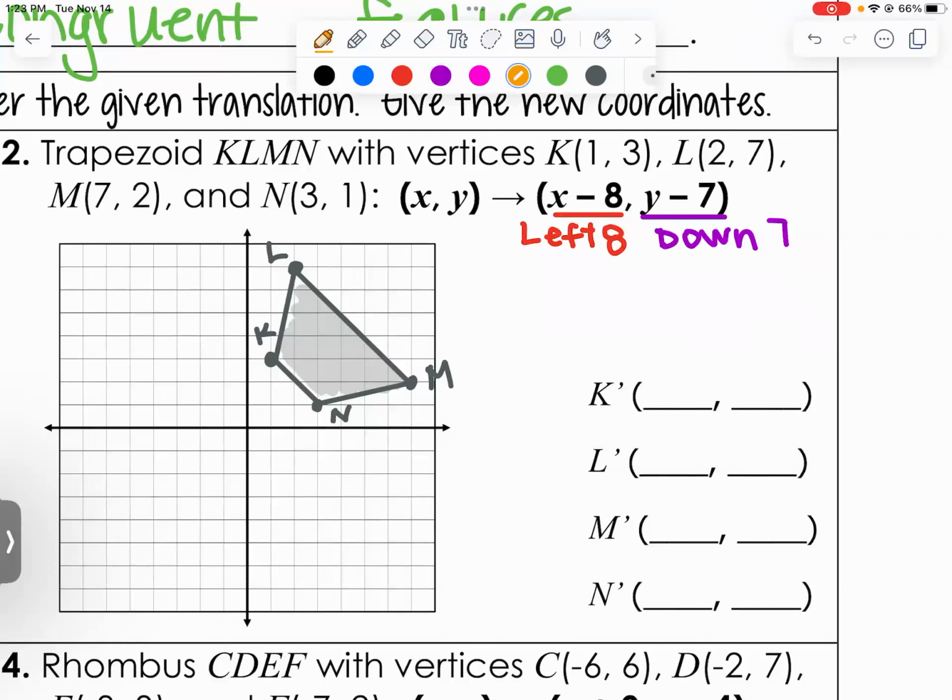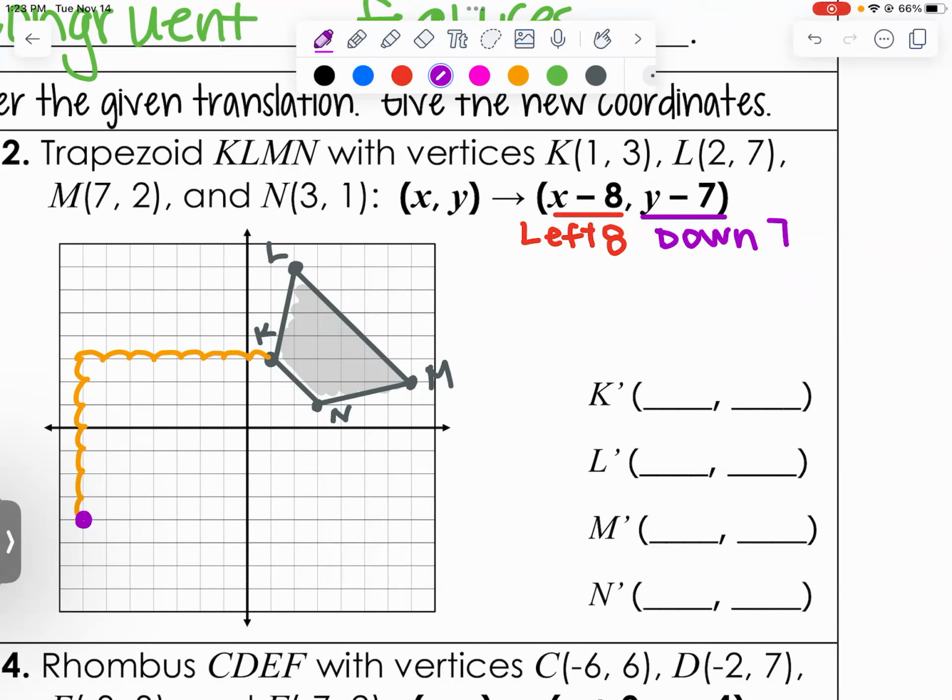On your paper, everybody put the tip of the pencil on the dot for K. And we are going to go 1, 2, 3, 4, 5, 6, 7, 8. Then 1, 2, 3, 4, 5, 6, 7.